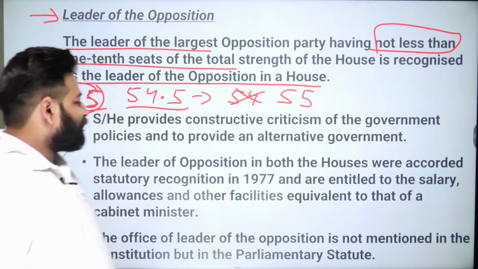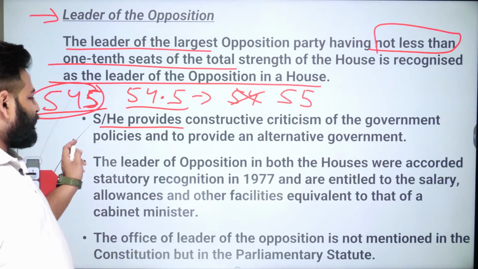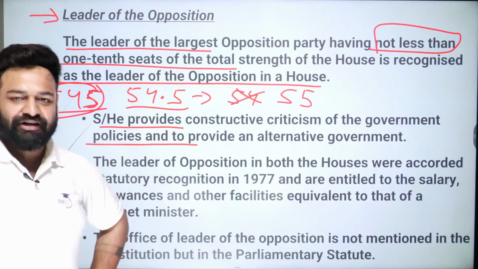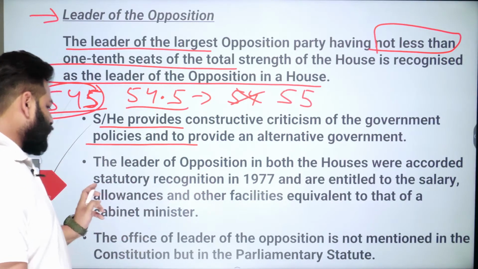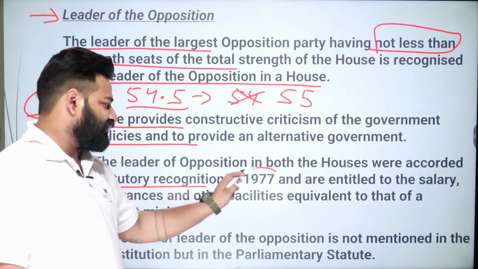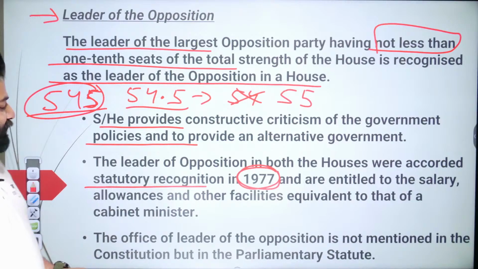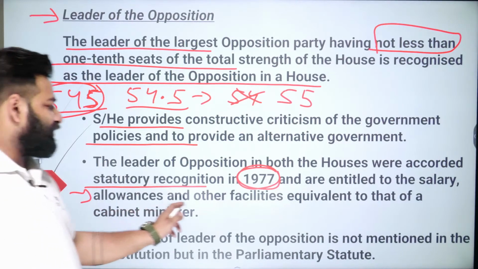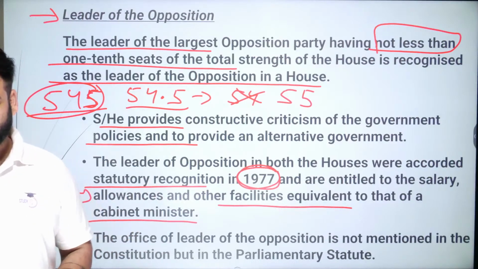Now, he or she provides constructive criticism of the government policies and provides an alternative government. Next, the leader of the opposition in both the houses were accorded statutory recognition in the year 1977 only, and they are entitled to the salary, allowances and other facilities equivalent to that of the cabinet minister, right?